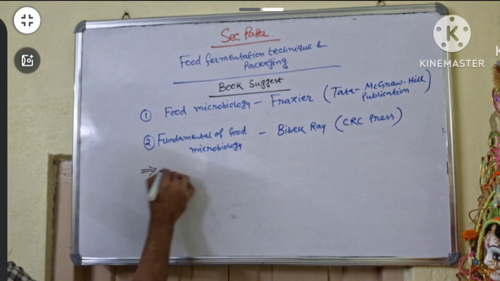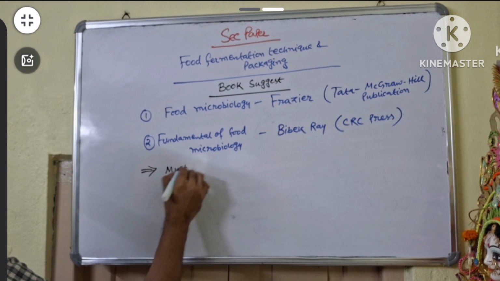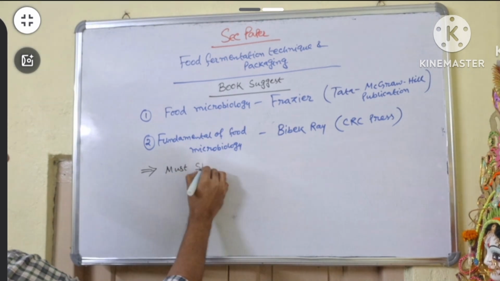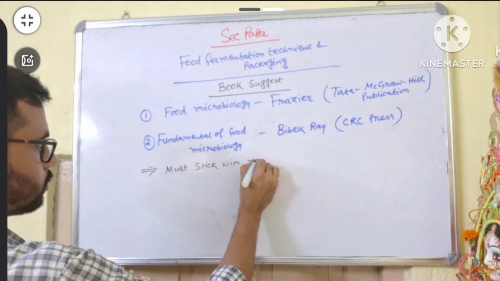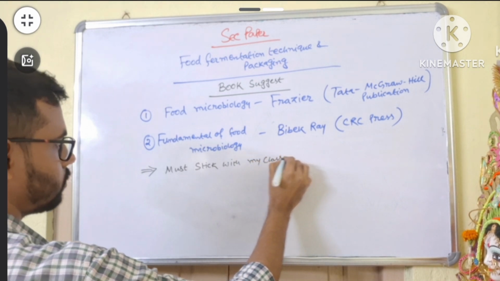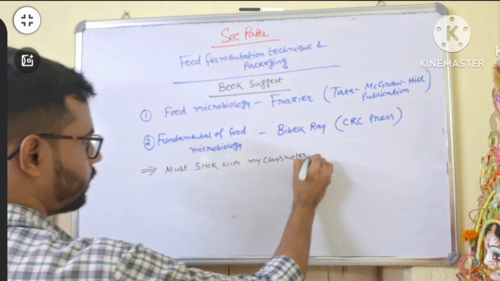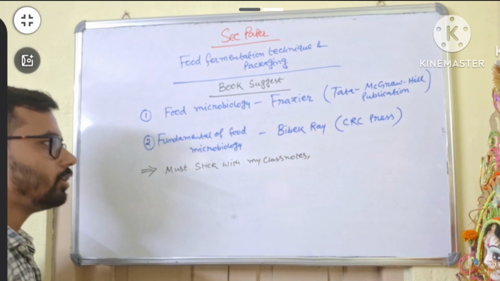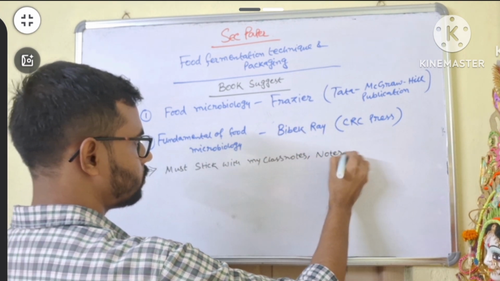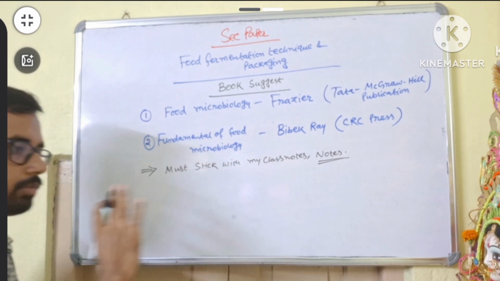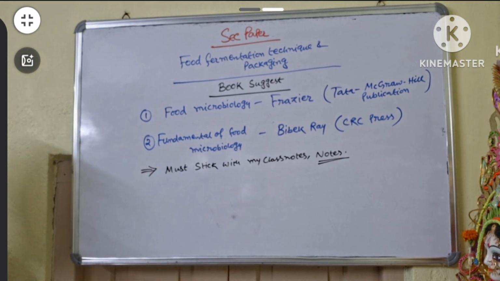So you must stick with my class notes and the notes that are given after each unit is completed. That means the after-unit notes will be beneficial to prepare this paper.